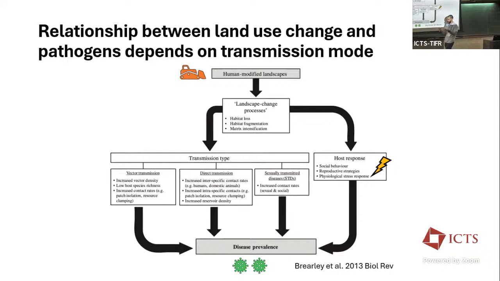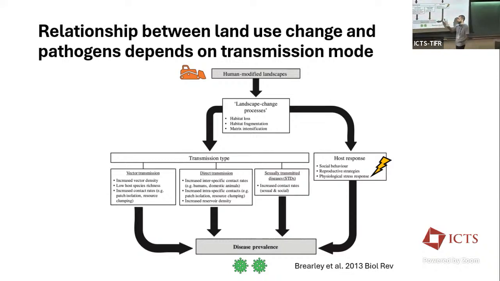As hosts clump around limited resources. So if you degrade a landscape, the remaining resources, hosts may gravitate towards that as the only available place for them. And so overall in the landscape, those patches are very densely populated. And so that may increase transmission.